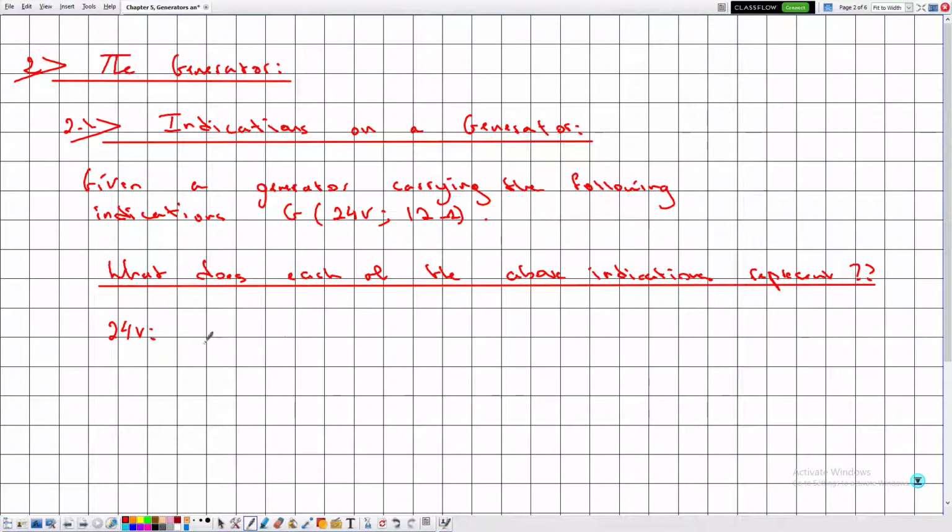So 24 volts represents the electromotive force, which is the maximum voltage of the generator with no load.